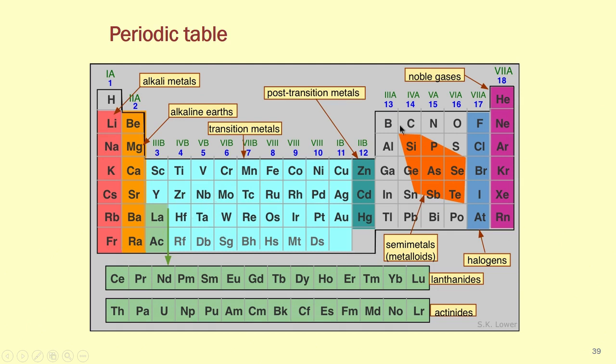But subsequently we also know that many of them are non-metals: boron, carbon, nitrogen, oxygen, etc., and aluminum, silicon, etc. are there.